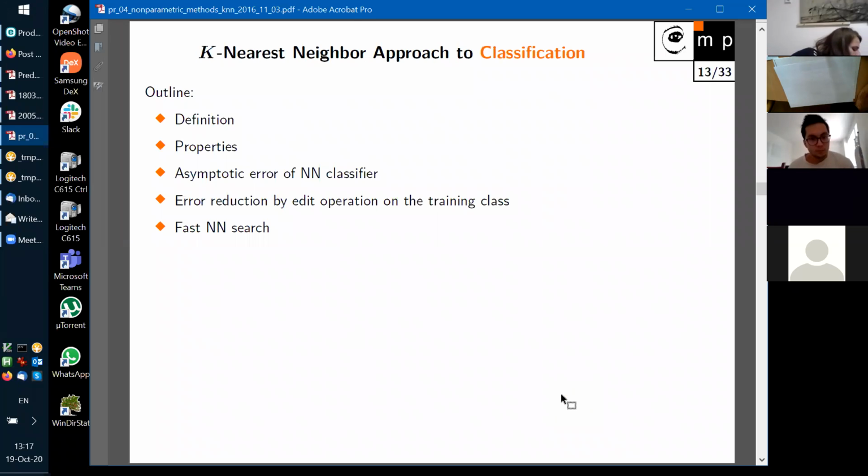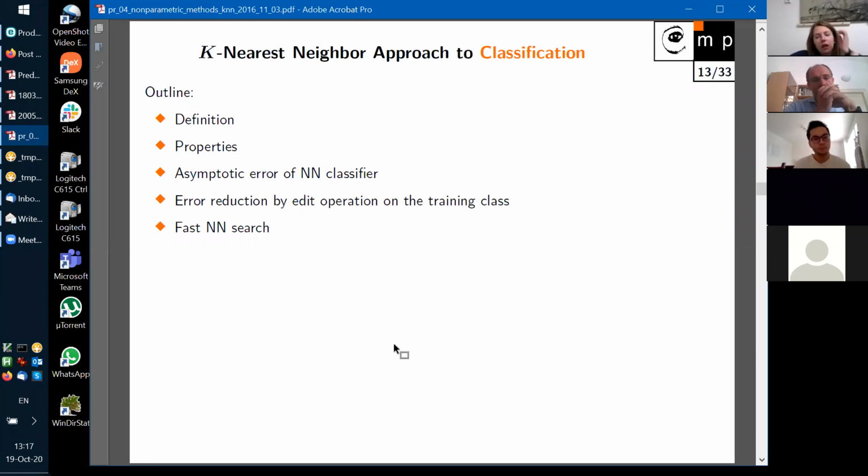Fine. Now we have finished the part of the whole course where we talked about models, optimal decision making, and estimation, and we are switching to practically used methods in machine learning.